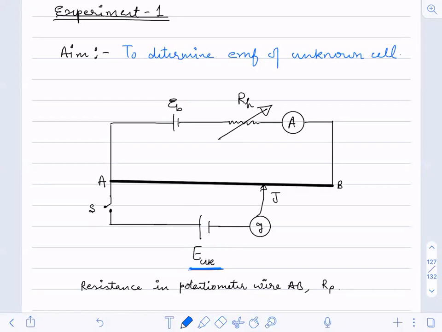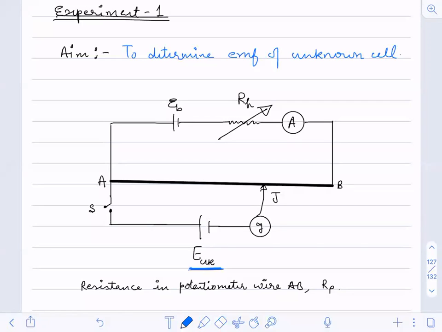Now let us start with finding out the EMF of the cell. First of all, we have to calculate the current that is passing through the potentiometer wire.